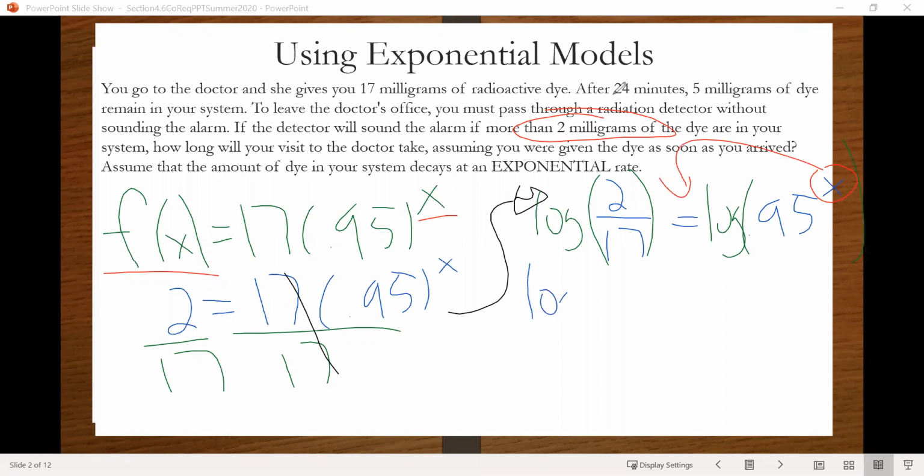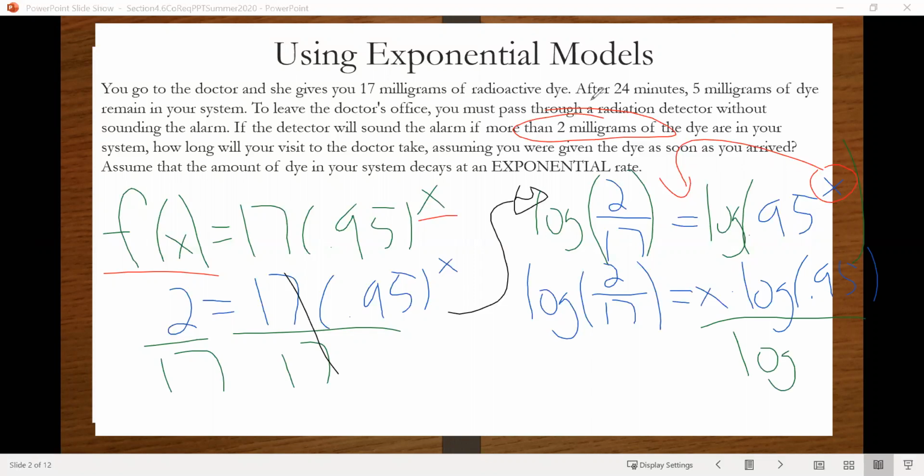So log of 2/17 equals x times the log of 0.95. And we can divide by log of 0.95 on both sides. So we see that x equals log of 2/17 divided by log of 0.95. Then we can go ahead and plug that into the calculator, which is what I'm doing right now.